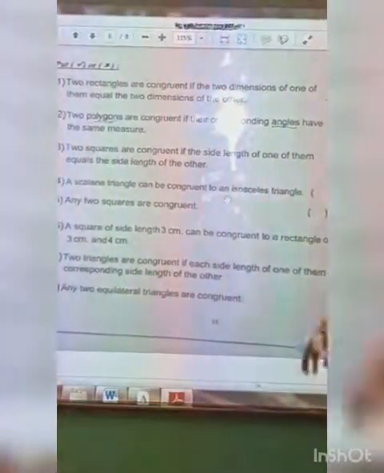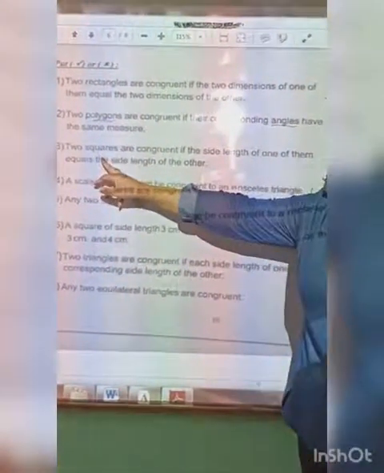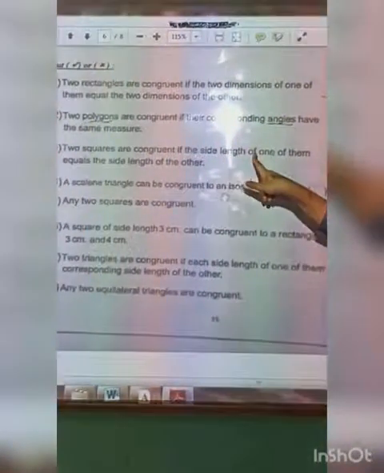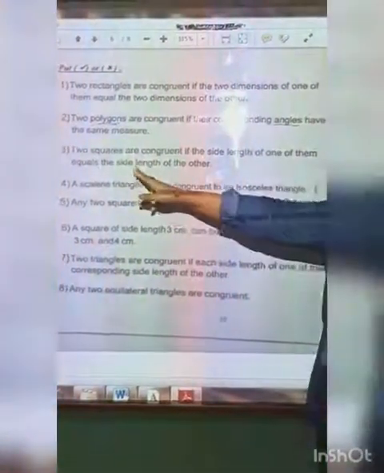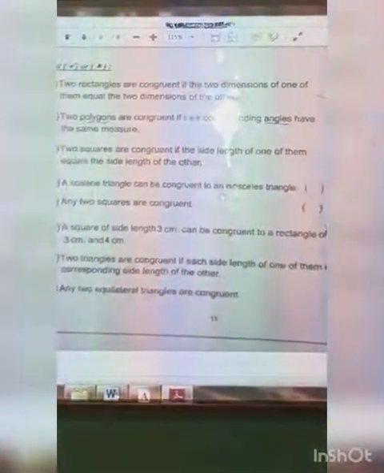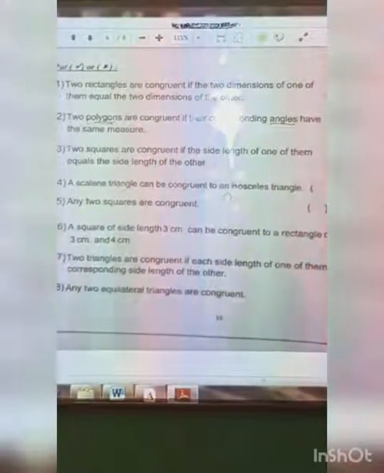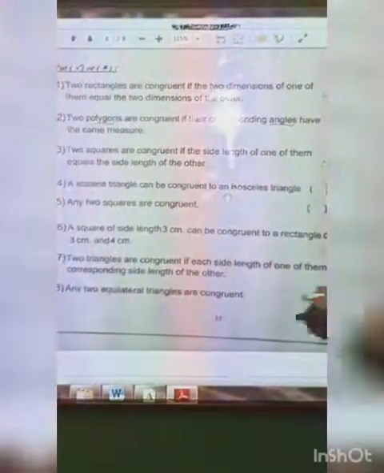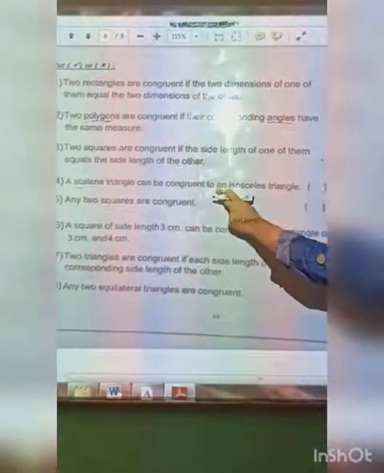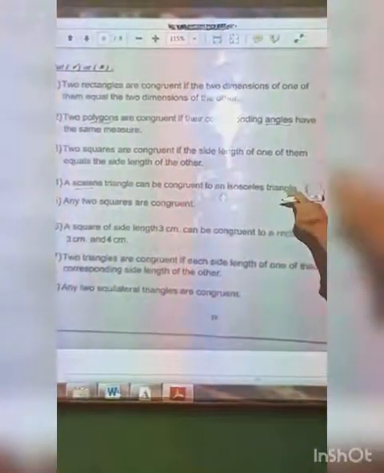Number 3, two squares, and it's a special case, are congruent if the side length of one of them equals the side length of the other. Yes, it's right. Number 4, a scalene triangle can be congruent to an isosceles triangle.